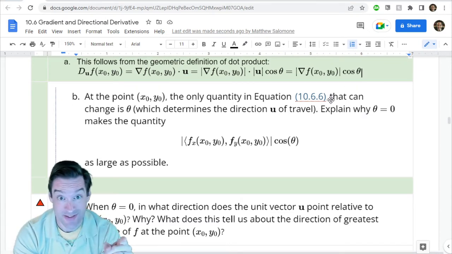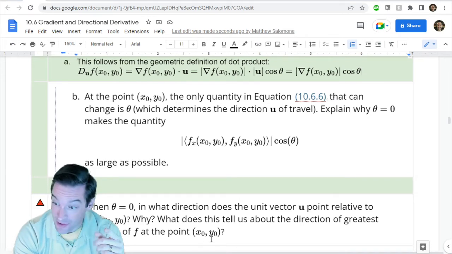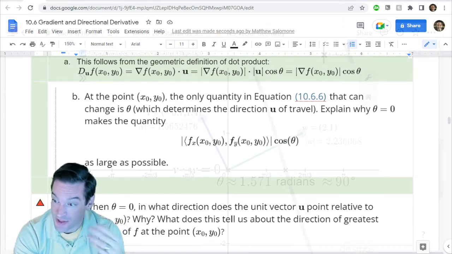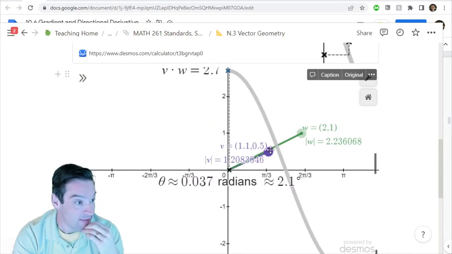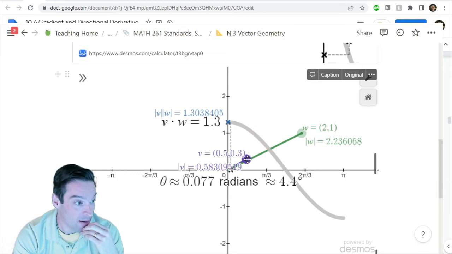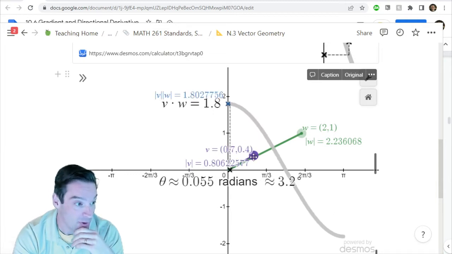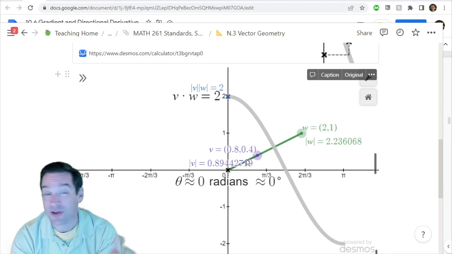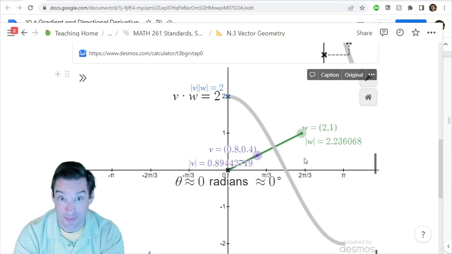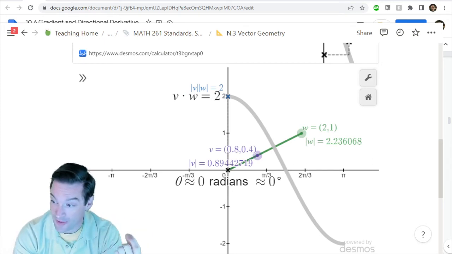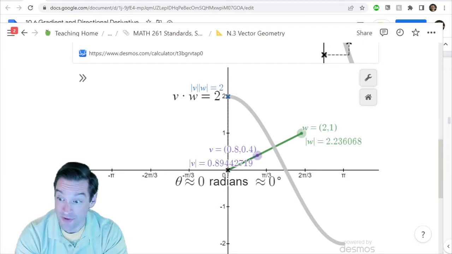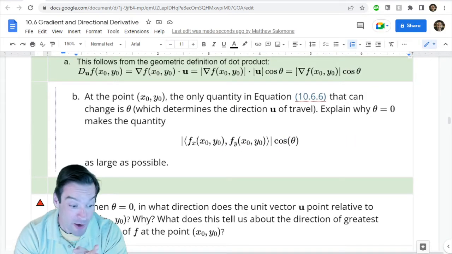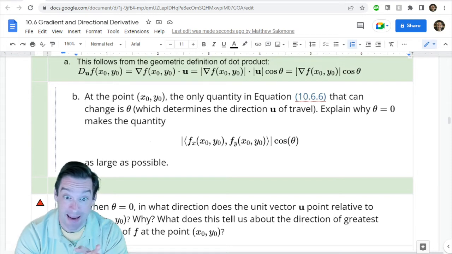And that goes directly back to the discussion that we just had. The dot product between two vectors is at its largest when those two vectors are parallel to one another. They make an angle of 0 degrees. And it's because at an angle of 0 degrees, the value of the cosine is maximized. The value of the cosine is equal to 1, and that's the largest value that a cosine can have. So that's the conclusion: if we walk in the direction of the gradient vector, not only are we going uphill, we are going uphill as rapidly as we can at that point.